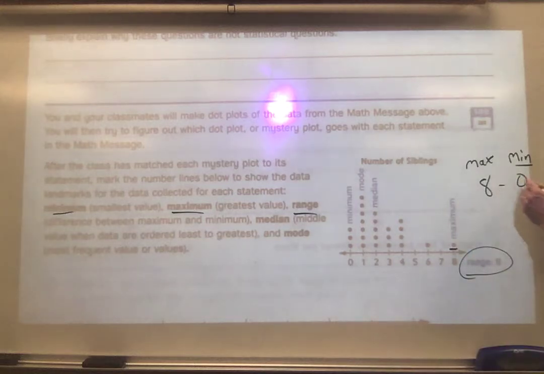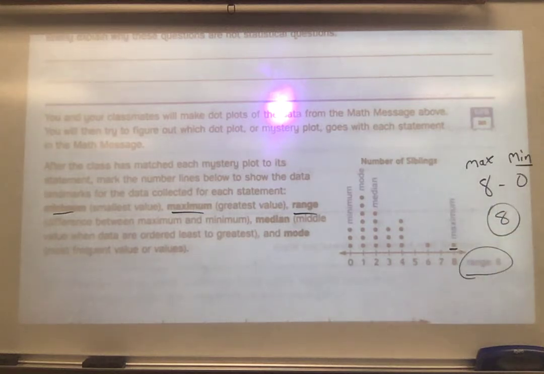So 8 minus 0 is 8, and so again, our range is 8, which, in number of siblings, is a pretty good range. It can depend on what you're dealing with, on what this range is, if it's low or high, or if it's a lot, it kind of depends on the situation. And in this case, if somebody's got 0 brothers and sisters, and somebody has 8, that's a pretty big difference.